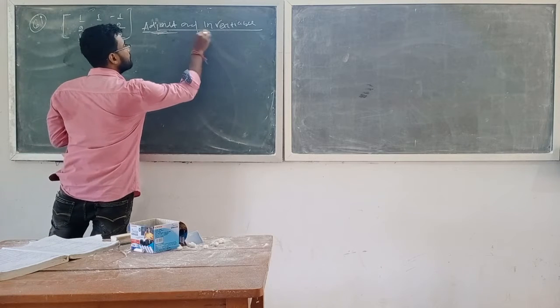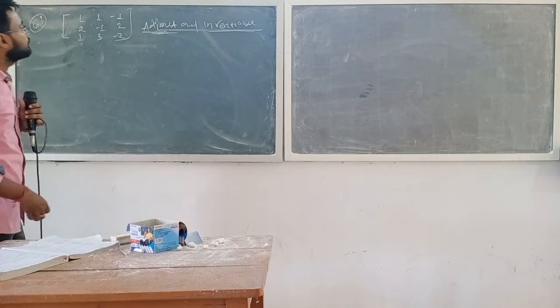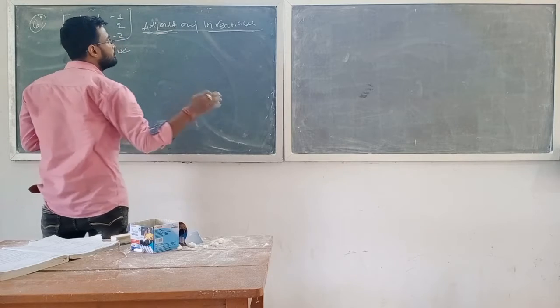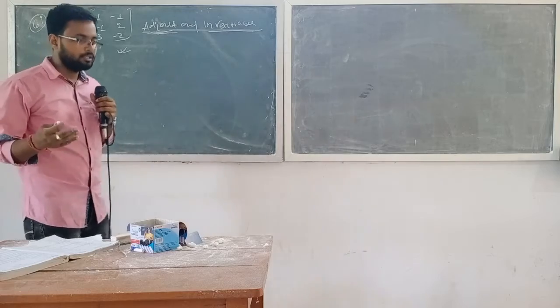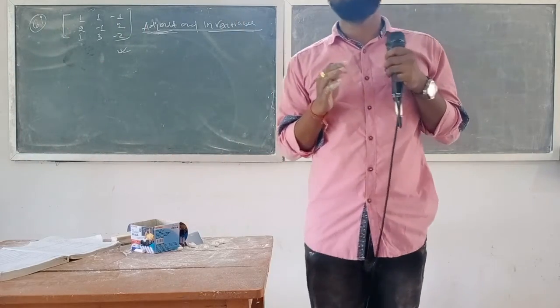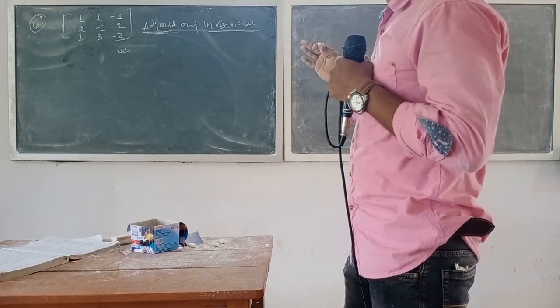Then check whether it is invertible. Question number 7 is invertible. Directly do one question and find the adjoint. Then we will see how to check invertibility. Invertible means the inverse exists. If the inverse exists, then the matrix satisfies the condition and is an invertible matrix.